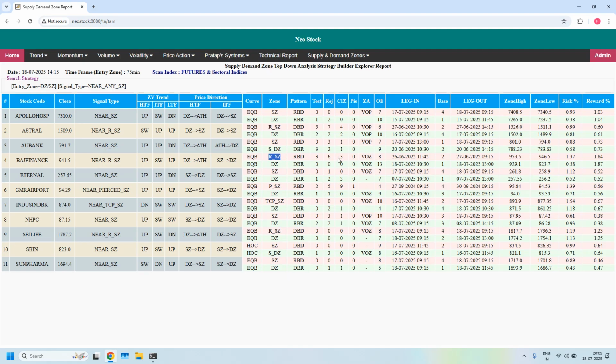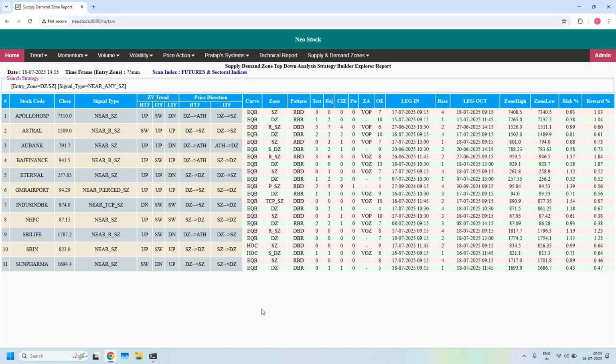Bajaj Finance is having a 75 minutes high liquidity supply zone. IndusInd Bank is having a 75 minutes high liquidity supply zone. SBI Life is having a 75 minutes high liquidity supply zone. So total 4 75 minutes high liquidity supply zones identified from this list.